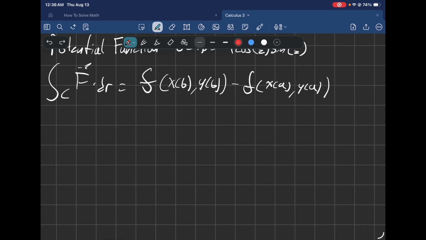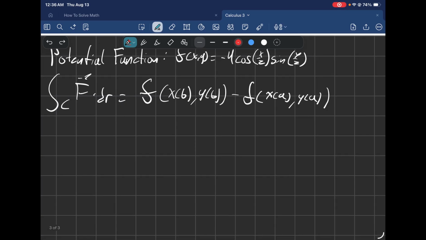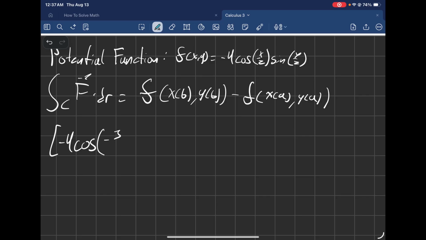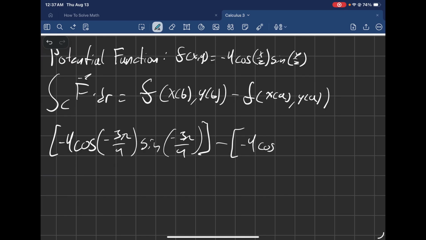So let's plug this into our potential function. Negative 4 cos of negative, and then recognize that this is x divided by 2. So instead of it being negative 3 pi over 2, it's going to be negative 3 pi over 4, sine of negative 3 pi over 4, minus negative 4 cosine of negative 3 pi over 4.